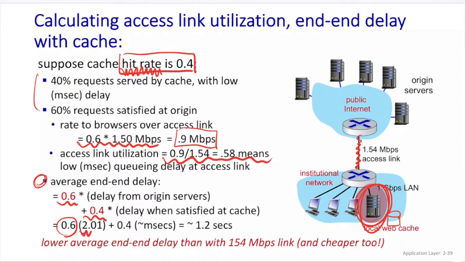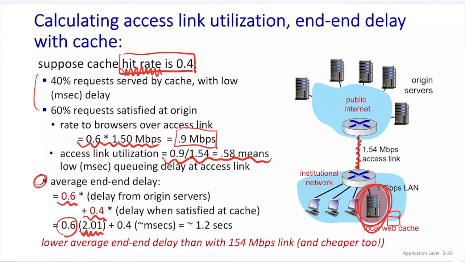And the delay here should be 2 seconds plus a certain delay. But here we don't have minutes of queuing delay, because currently the link utilization is only 58%, so we don't have to wait so long. For example, in the textbook, it says we only need to wait 2 seconds, and 2 seconds is for the round trip time. We only need to wait a few milliseconds, so that is 2.01.